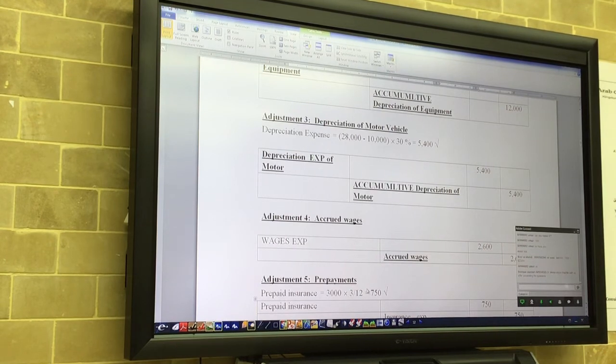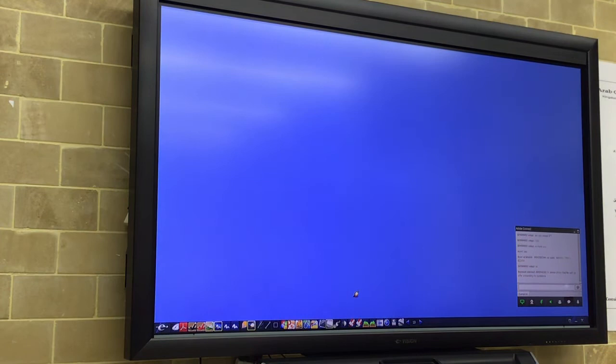Okay, now how can you find it? For cost of goods sold, you will start from the beginning inventory plus net purchases minus the ending inventory.